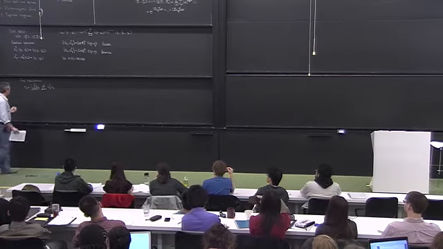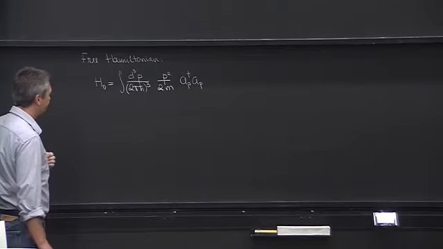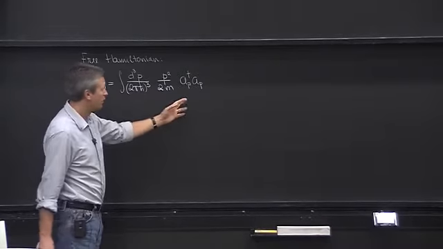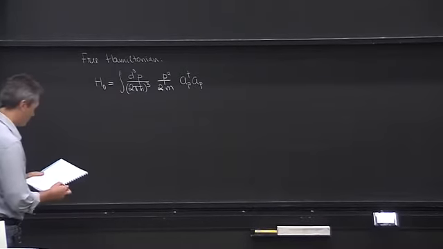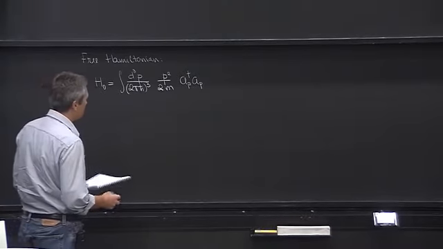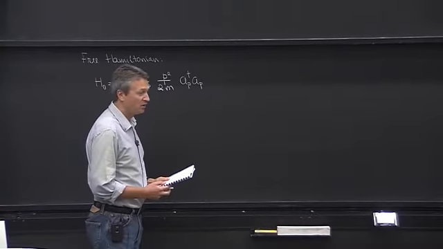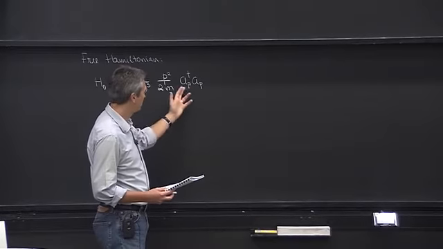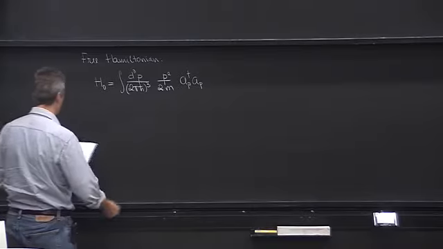In particular, it's very useful to make a Fourier transform to the coordinate space. So let's try to see what we get if we go into the x representation just for these basic operators.